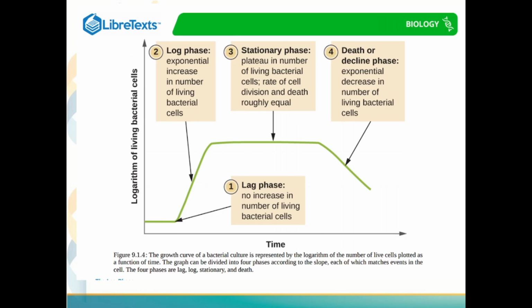This is where the bacteria die, with an exponential decrease in the number of living bacterial cells due to the lack of nutrients. It can also be an environmental temperature above or below the tolerance band for the species, or other injurious conditions. I hope this bacterial growth is quite easy to understand. So let's continue.